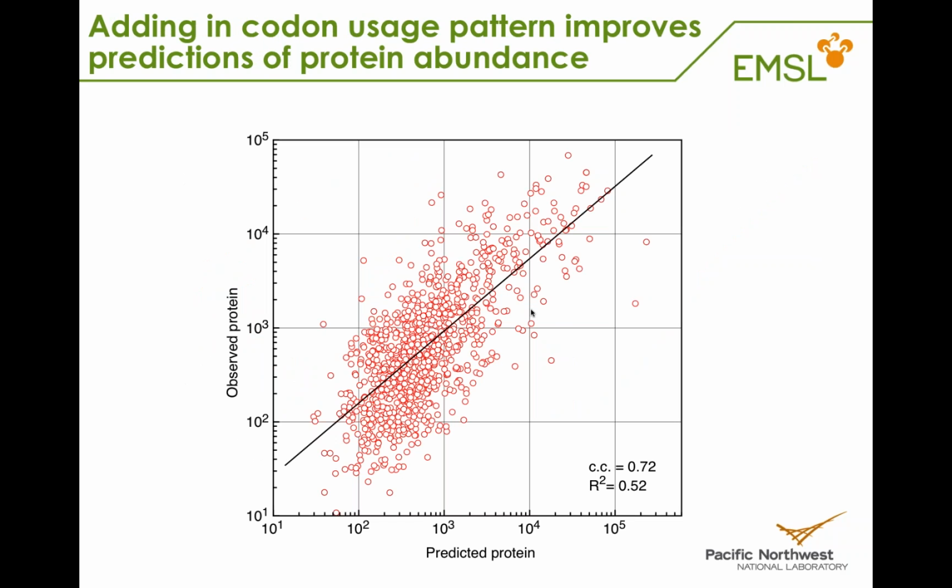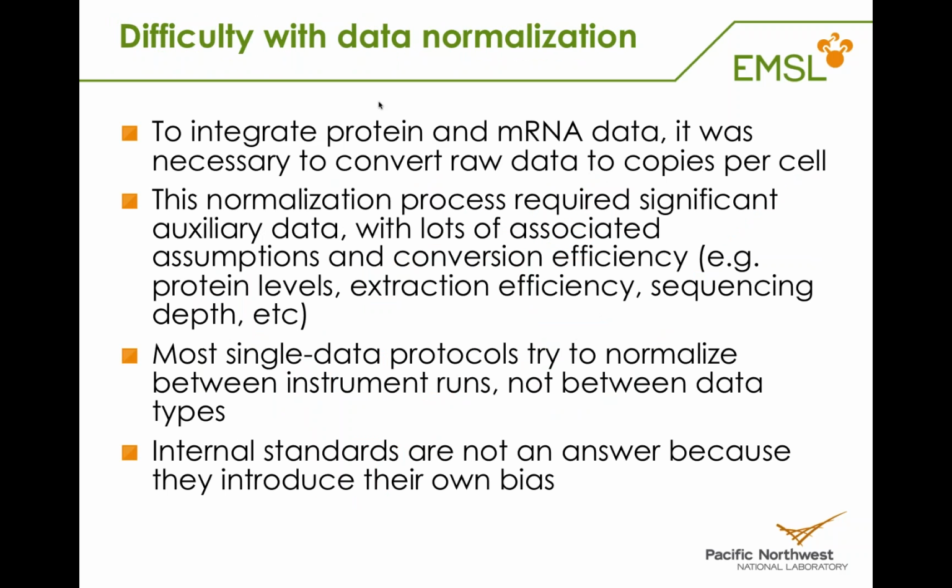So as things went on, we found out, well, this worked really, really well. And so the real trick that we found is that it was data normalization that was the real bugaboo. To integrate protein and mRNA data, it was necessary to convert the raw data to copies per cell. But to normalize to copies per cell, you had to measure the cell number and the protein levels and the mRNA levels and the sequencing depth.